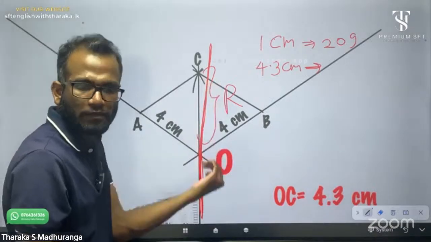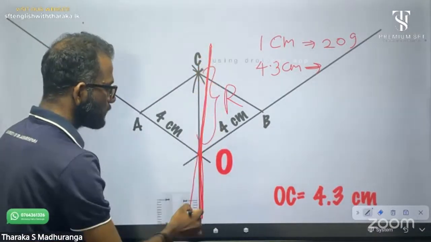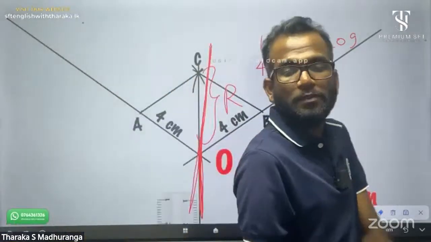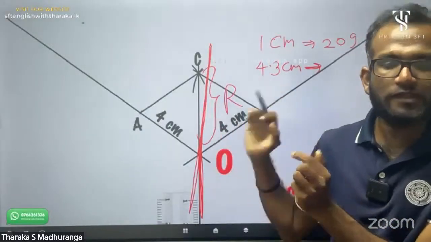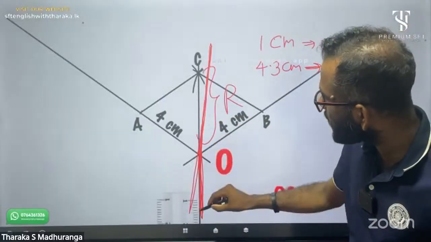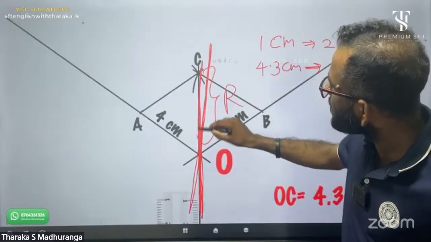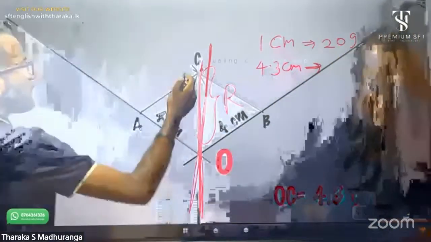Sometimes it comes like this, right? The line is coming like this. It is coming due to experimental errors. If you did this experiment in the recommended way, this line should be a single line with the parallel diagonal, but in practice it comes with practical errors.